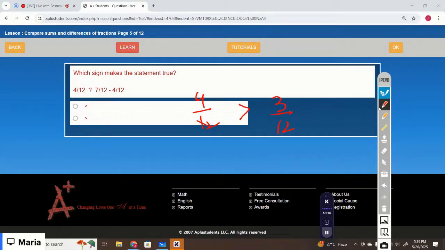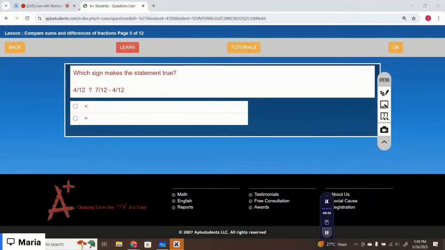So 4 over 12 is greater than 3 over 12. So you can complete the lesson by yourself later today.